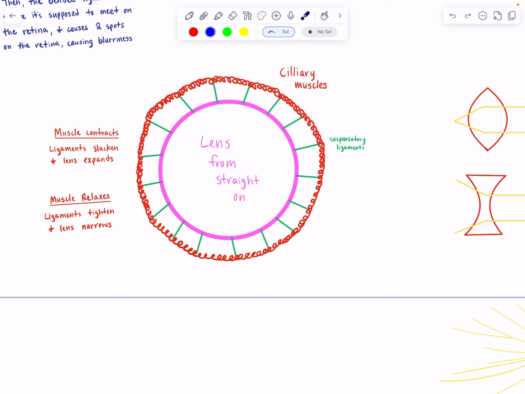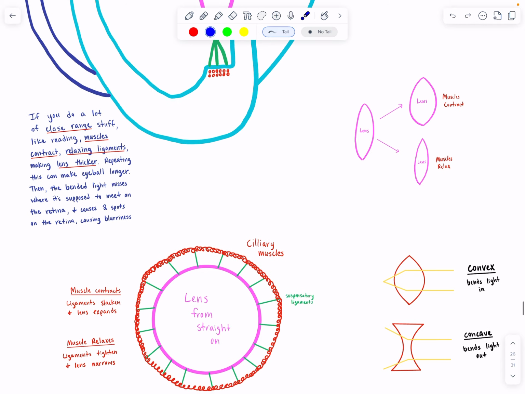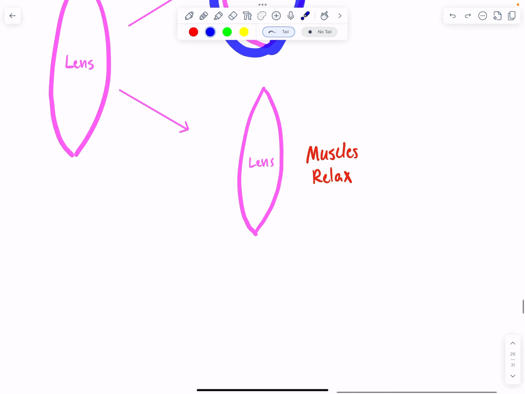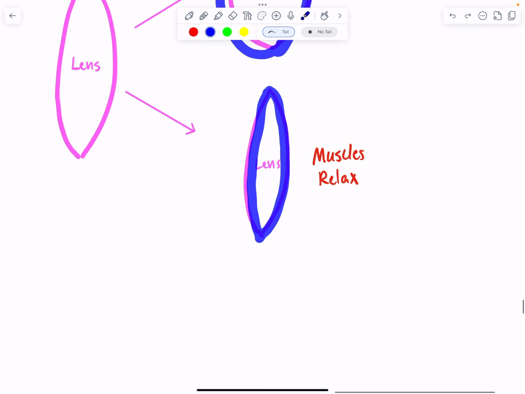When they contract, all those muscles are going to contract, which means that these suspensory ligaments loosen up a little bit. They get relaxed, which is going to make the lens bigger. So if you look here, muscles contract, we loosen these, so there's not as much tension, which makes the lens bigger. The lens gets smaller when those muscles relax, which tightens the suspensory ligaments.